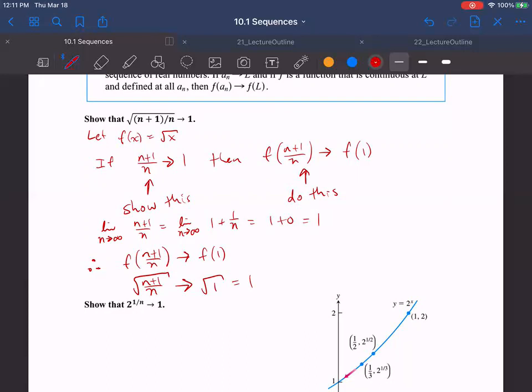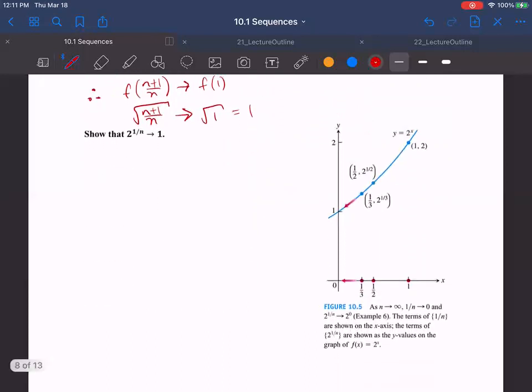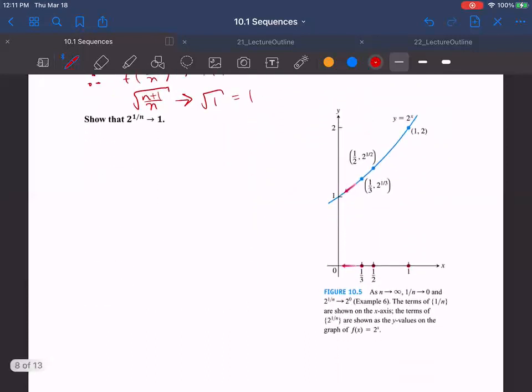So let's take a look at this next one. Show that 2 to the 1 over n goes to 1. So what function do I want to use here?